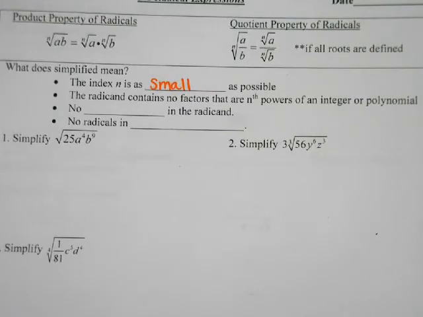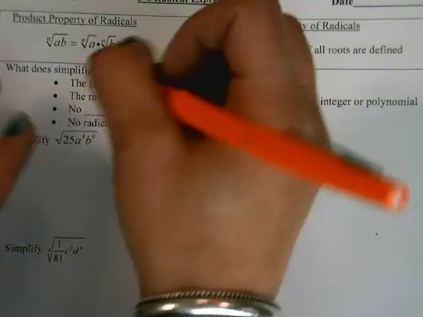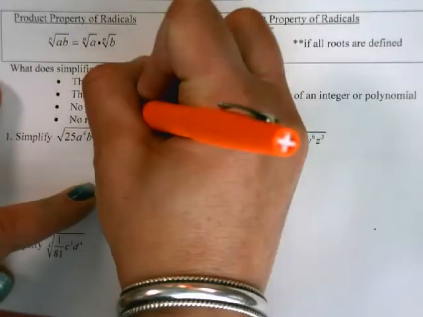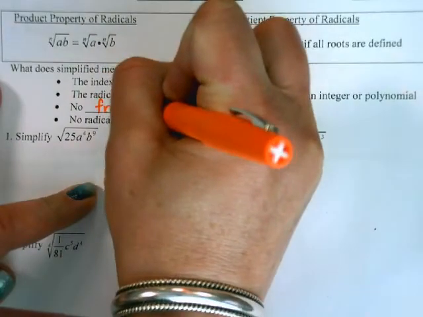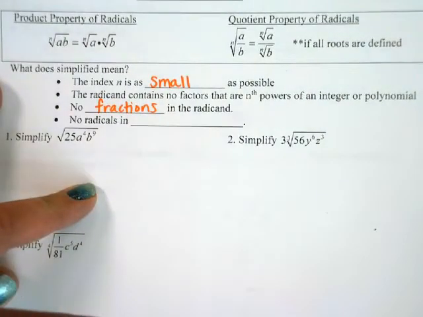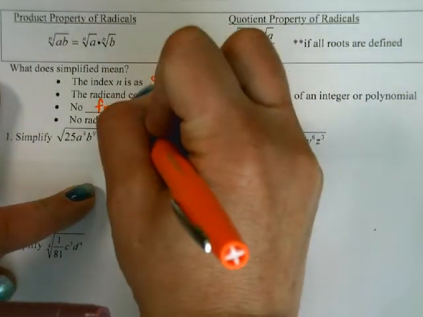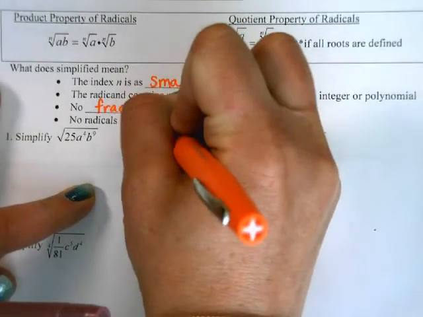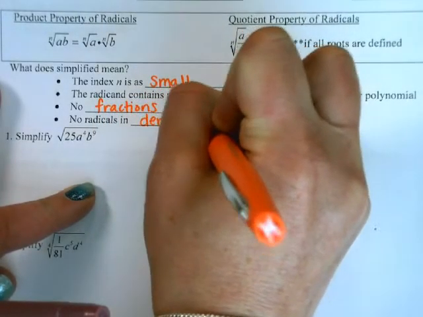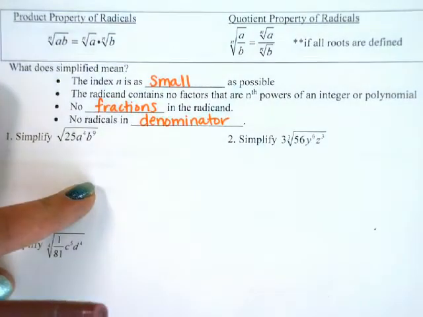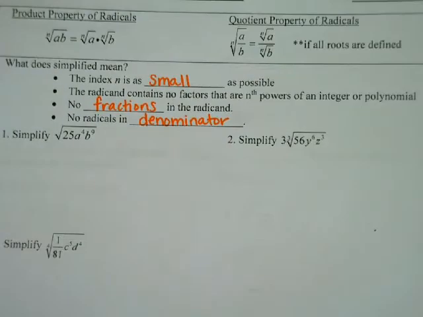Okay, I'm taking a square root and I have 16 under it, I don't leave it in. I get as much out as I possibly can. No fractions in the radicand, and no radicals in the denominator. And yes, I will show you how to fix all of those things.